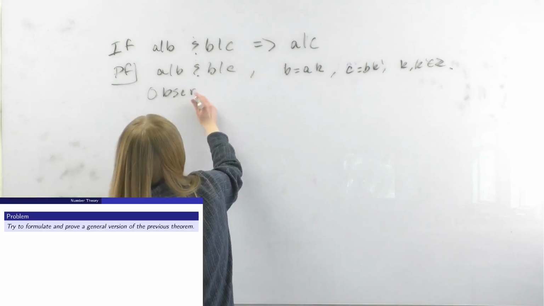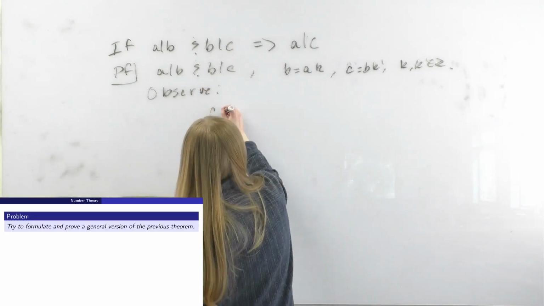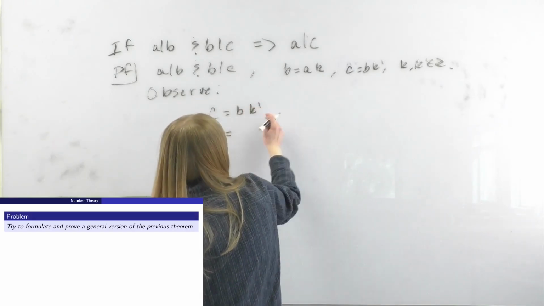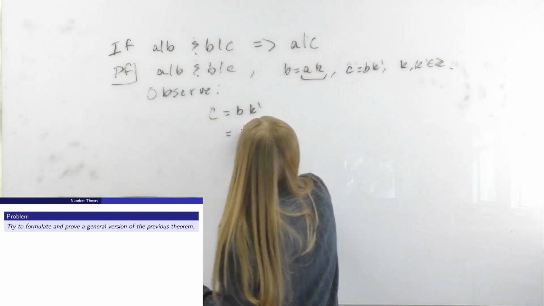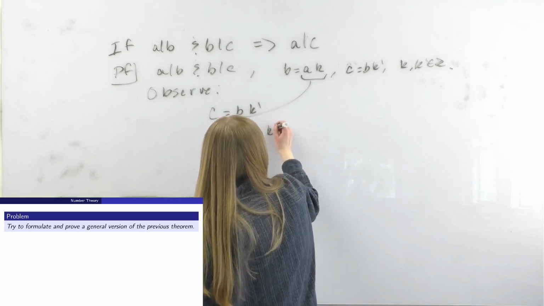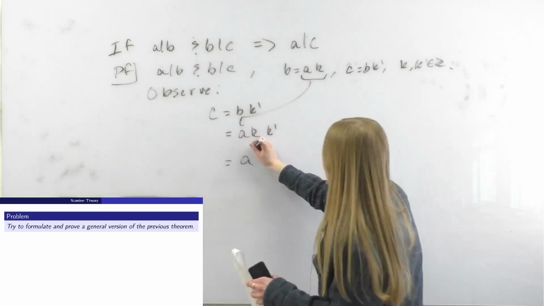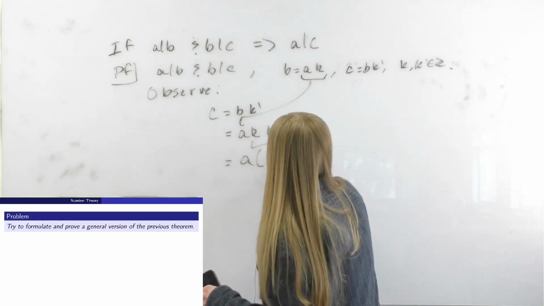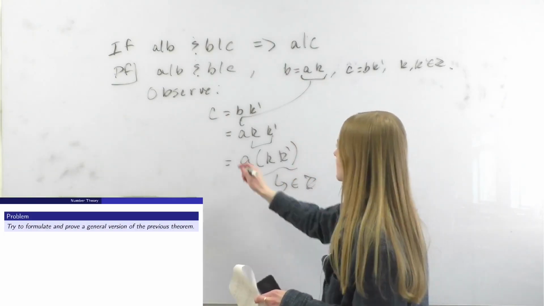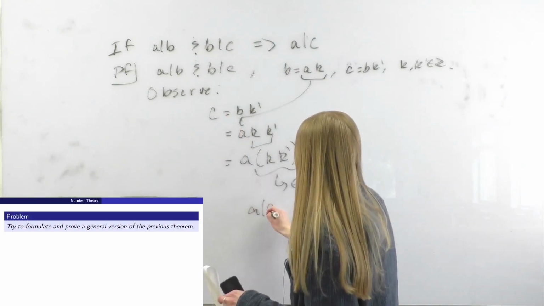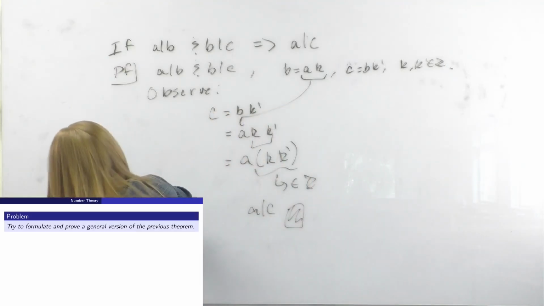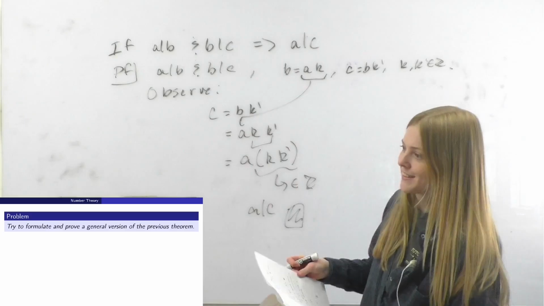C is equal to BK prime, right? And B is equal to AK, so we can make a substitution here. So you have AK times K prime, and this is just an integer, so we have A times an integer. This is also an integer, so we see that A divides C, QED. Okay.